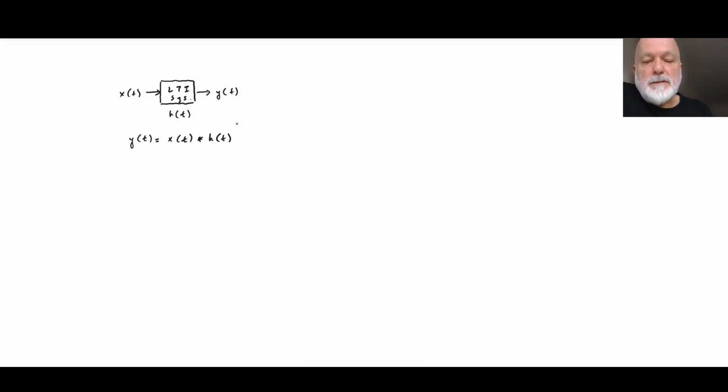Now, if the system is stable, we are able to use the convolution property of the Fourier transform to express this convolution expression in frequency domain as follows. Now, let the LTI system be stable.